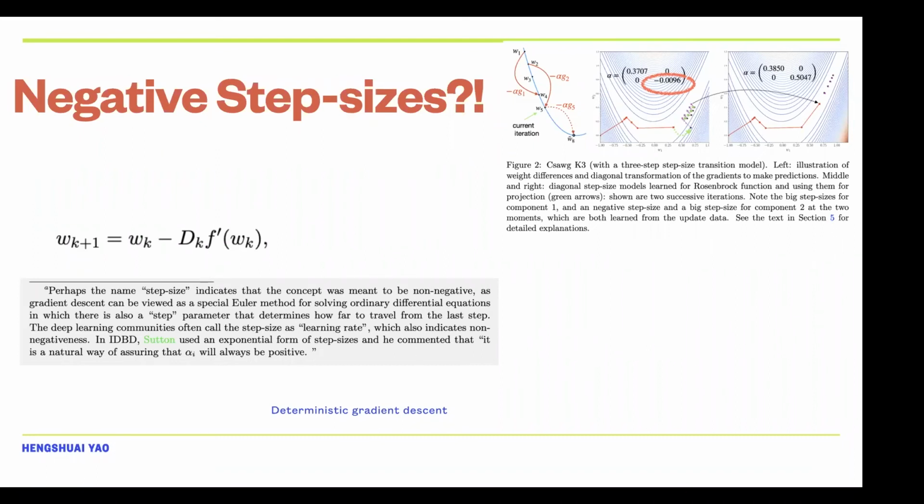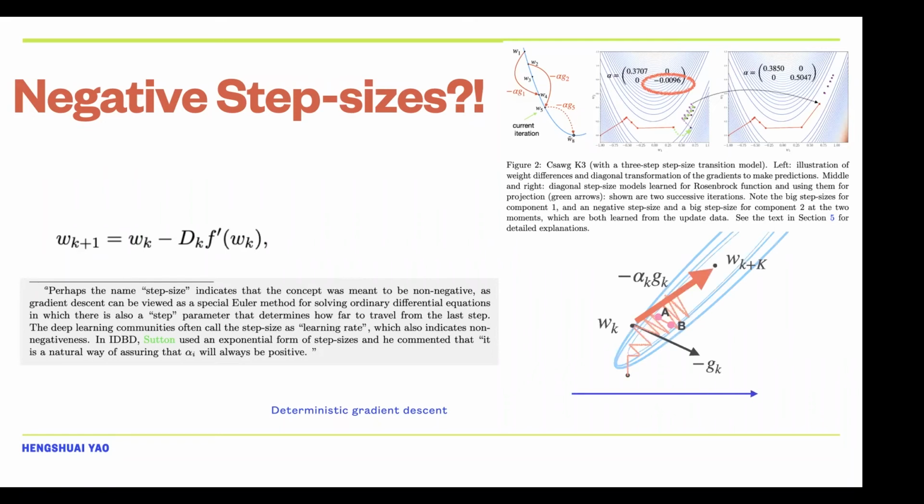So let me explain to you, even in the deterministic case, it makes sense to use a negative step size. Why? Here, the x-axis is W1 and the y-axis is W2.